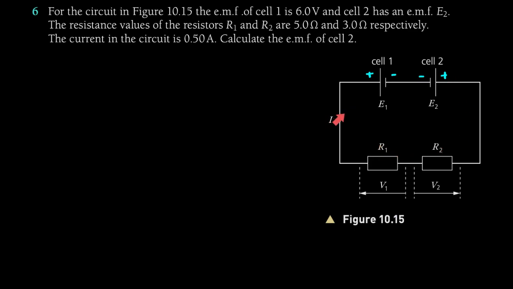Even if this one was not labeled, I would have to take this decision of choosing some current direction, either this or this, and then marking one of these cells as positive, the other as negative. So when we write the statement for KVL, the sum of potential gains should be equal to the sum of potential drops.